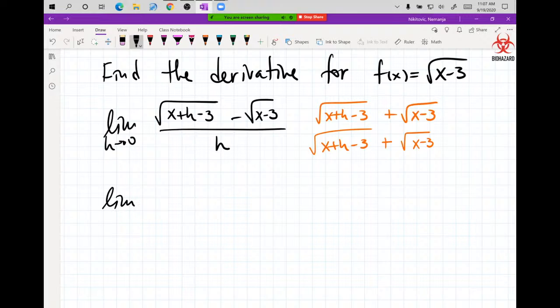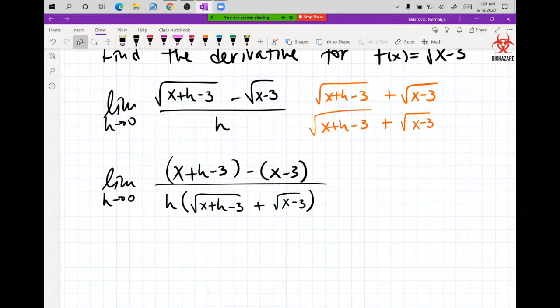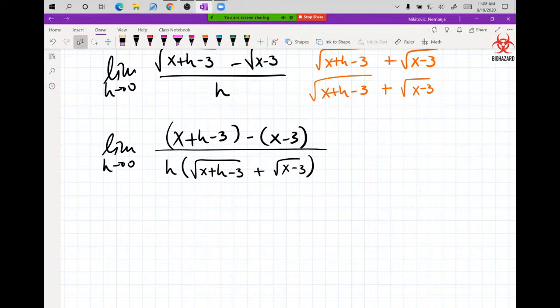And the limit as h goes to 0 is, on top you have a difference of squares, so it becomes x plus h minus 3 minus x minus 3. And in the denominator we're not going to multiply, we're going to leave it as is. That's experience. If you multiply, then it's going to be harder later. I mean, you would have to factor all of that stuff.